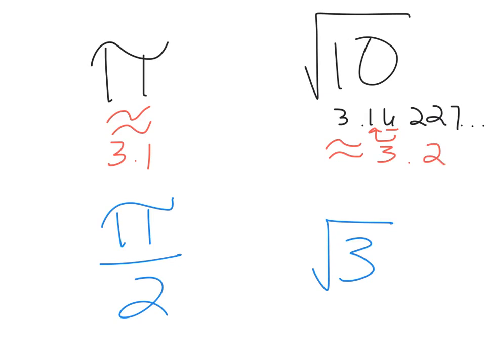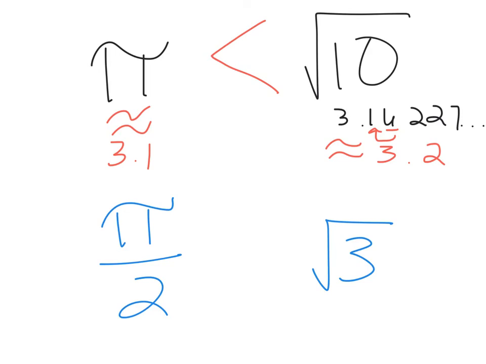So my question is which one is larger? This is how we're going to apply this. Which one is larger, pi or the square root of 10? If their decimal approximations are 3.1 and 3.2, which one's larger? Well, it would be square root of 10. So we're going to say square root of 10 is larger.